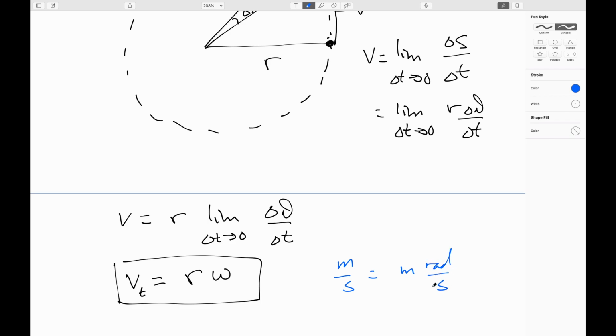And you might look at that and say, crap, that doesn't match up. But remember, the radian is not a unit. It's just a placeholder that reminds you that you're dealing with an angle. And whenever you see a radian, just substitute it with the number 1. And then you see, oh yeah, sure enough, if I take meters times 1, that's just meters. So meters per second equals meters per second. Yep, the units check.